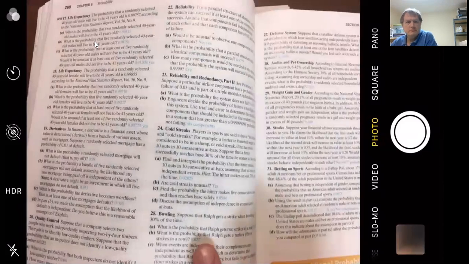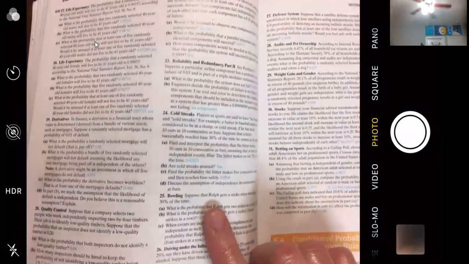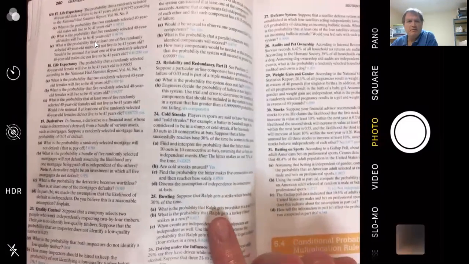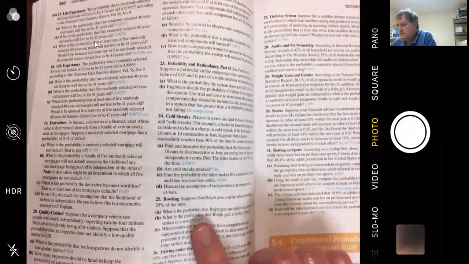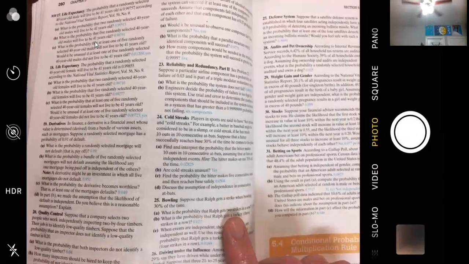So you get the whole problem wrong. Is that the bowling problem? I don't know, I was so aggravated. A lot of them parallel what the book has. Oh, here they are. Okay, good.